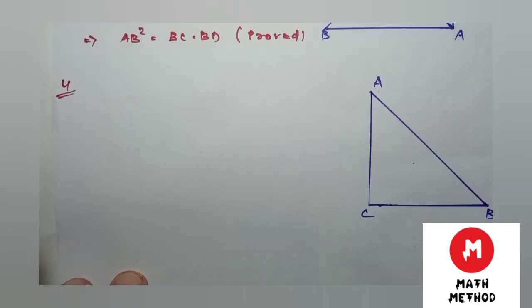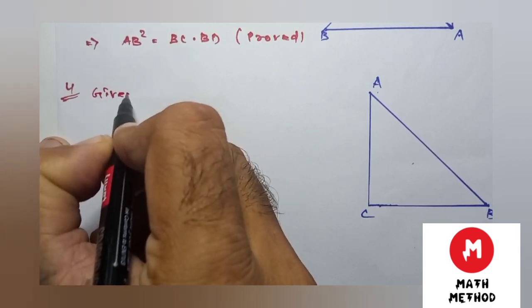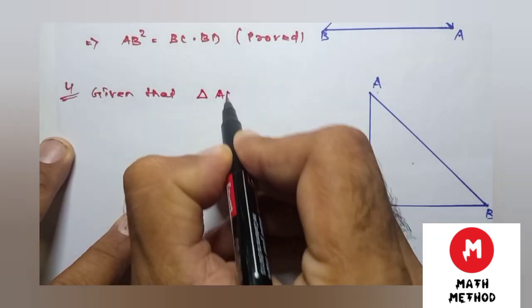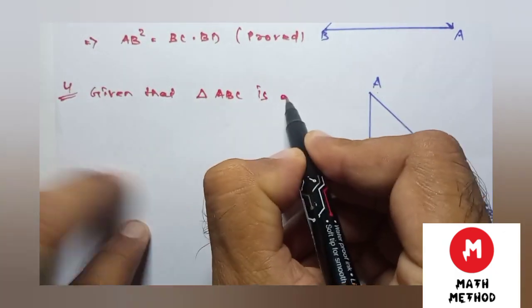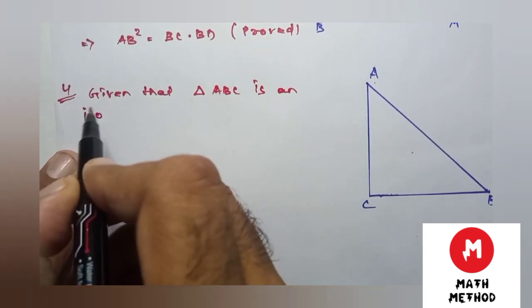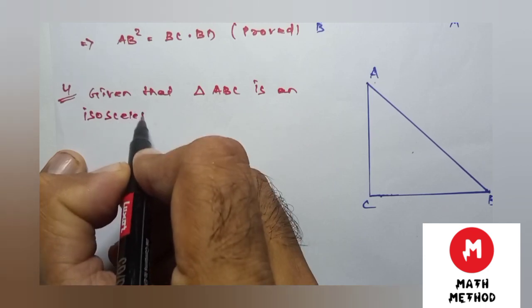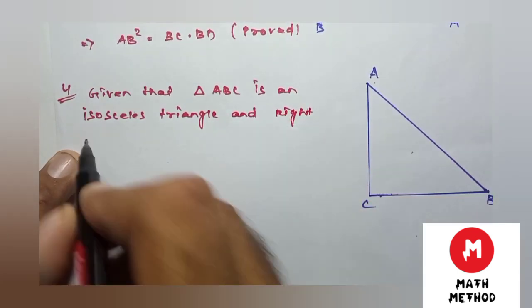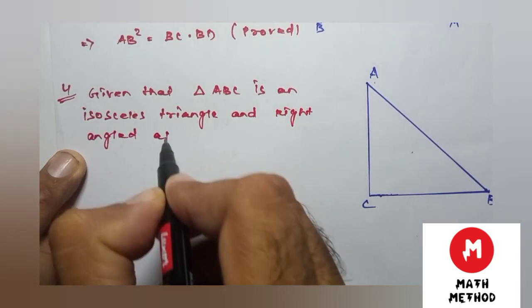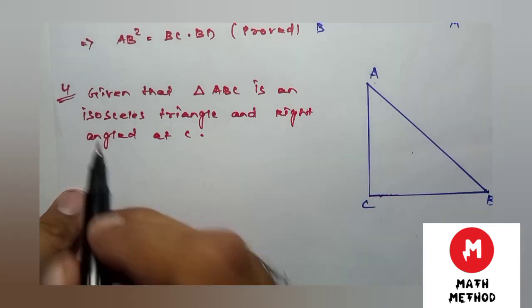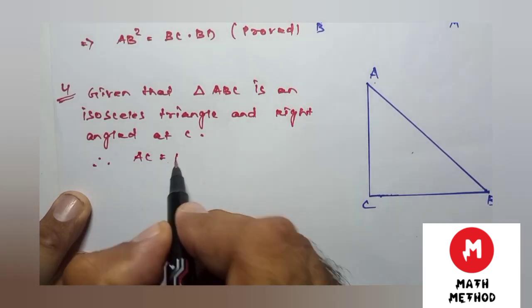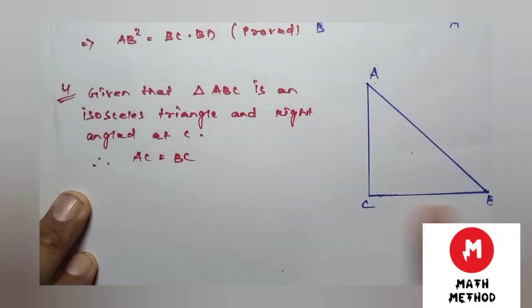Now solve it. So it is given that triangle ABC is an isosceles triangle and a right angle at C. So here angle C is 90 degrees, and therefore here AC is equal to BC, because the hypotenuse cannot be equal to any side of the triangle.